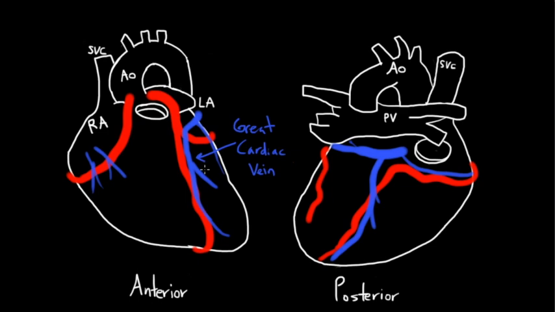As you can see, it drains up and around the lateral edge of the heart into this large structure called the coronary sinus. Right here we have the middle coronary vein, which is draining in the same direction up to the coronary sinus, which we'll go ahead and label.